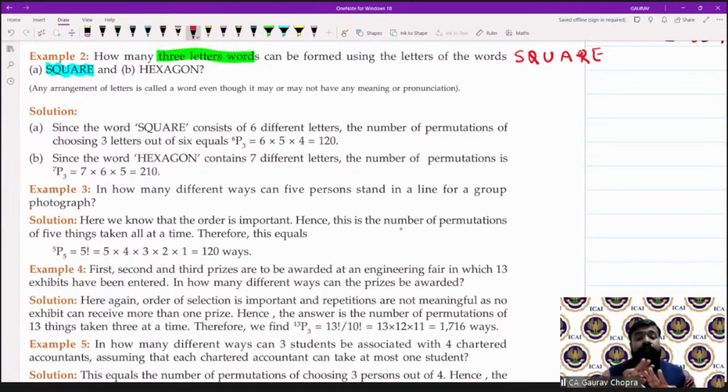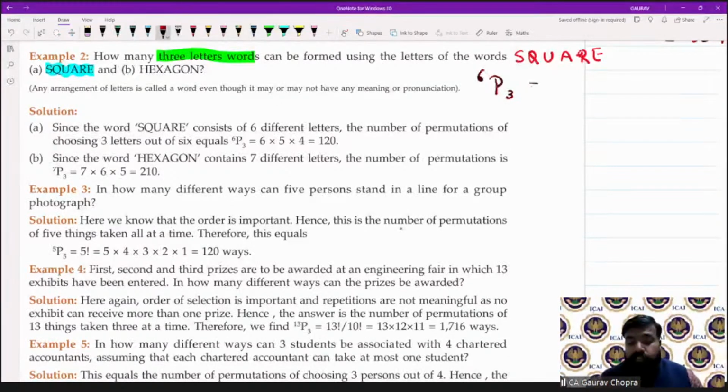We can easily write this in the way of permutation. So how to write? There are n possible options available. Here there are 6 options available, and out of 6, we have to select only 3. So 6 alphabets are there, but at a time we have to use only 3.